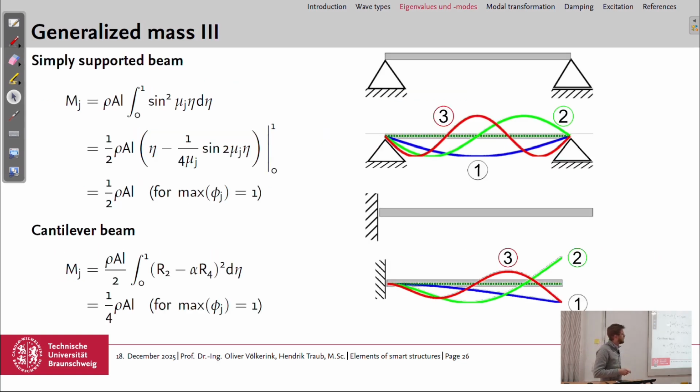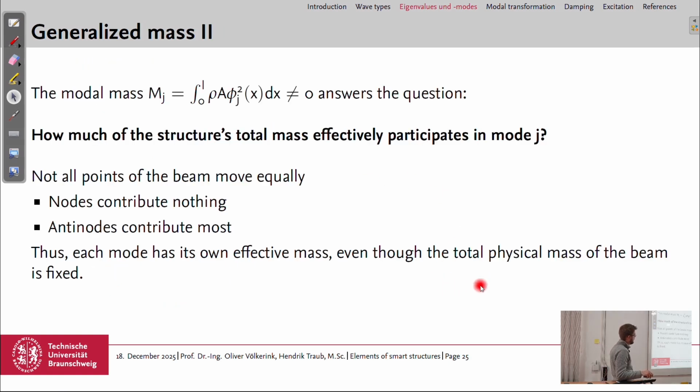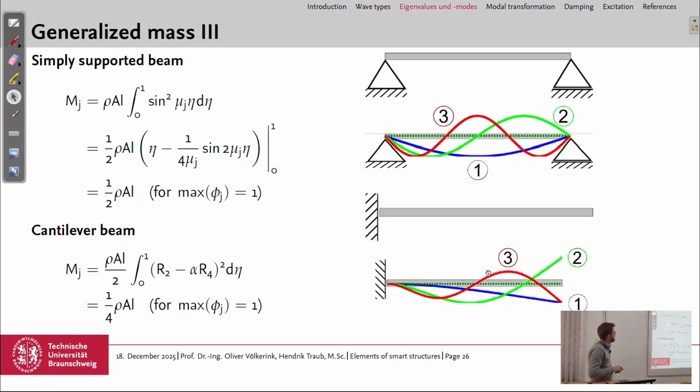And it's not comparable with the physical mass of the beam. We can have a look at that: a simply supported beam here compared to a cantilever beam. Even if the beam itself is the same structure, so same cross-section, same material, but different boundary conditions, we will have a different eigenbehavior, so different eigenmodes, and therefore also the generalized mass is different.